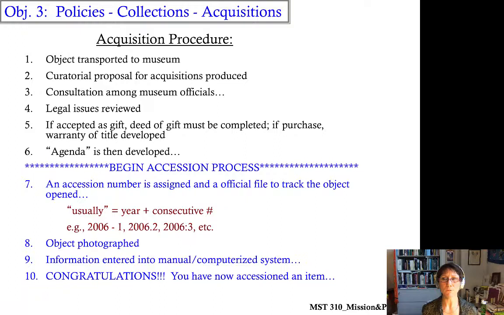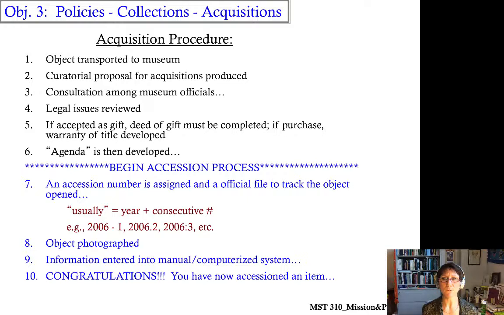Now, once it's actually been assigned, by the way, if the donor donates more than one object, generally speaking, the entire suite of objects from that donor is given a single acquisition number. So the donor might be giving you 10 objects, but collectively they're all going to be assigned 2017-50.